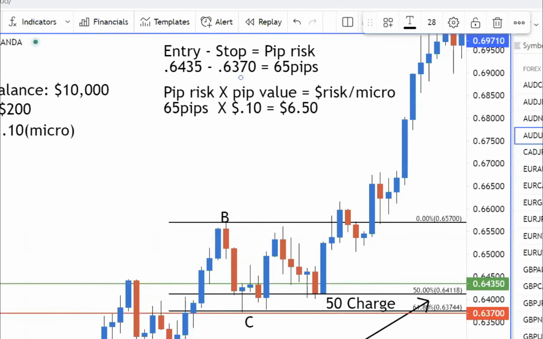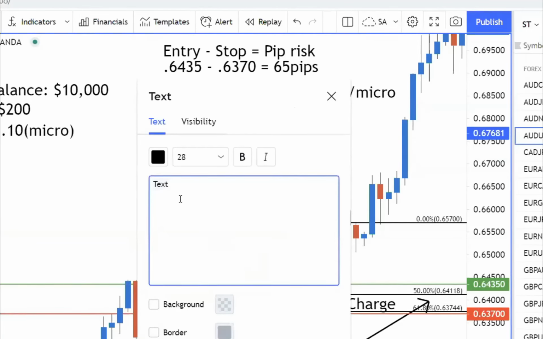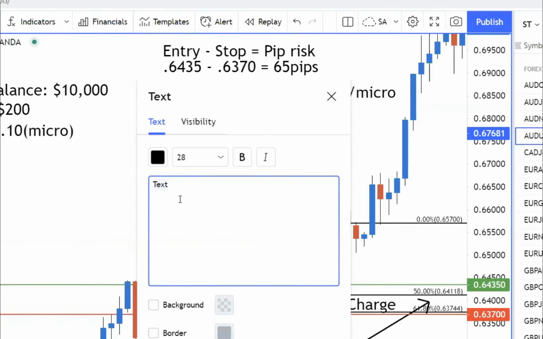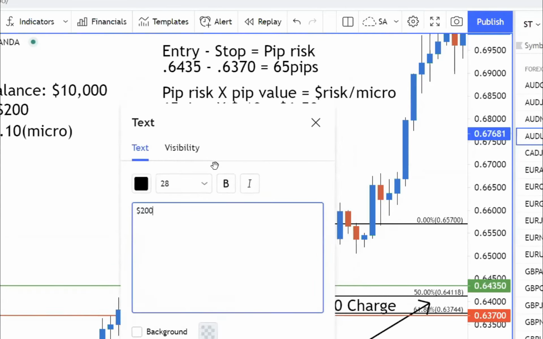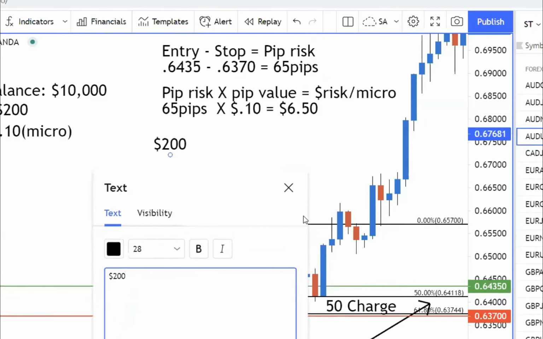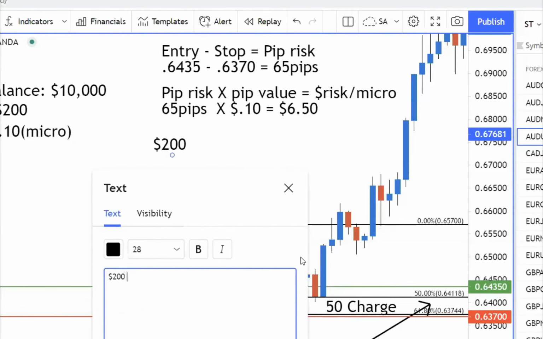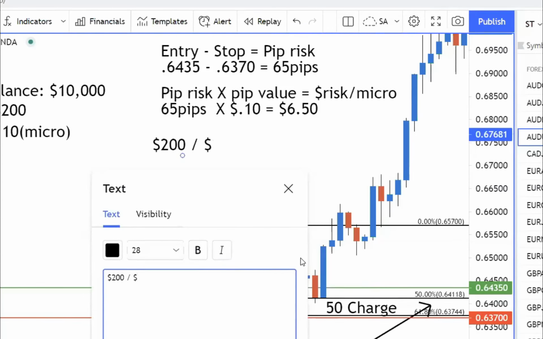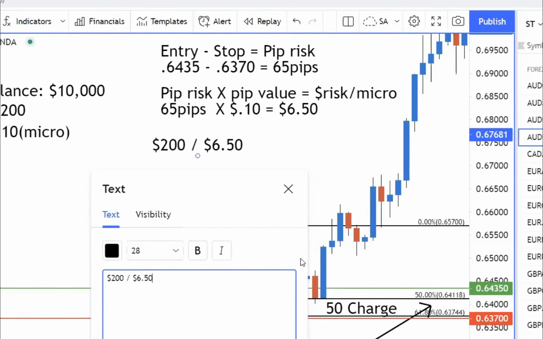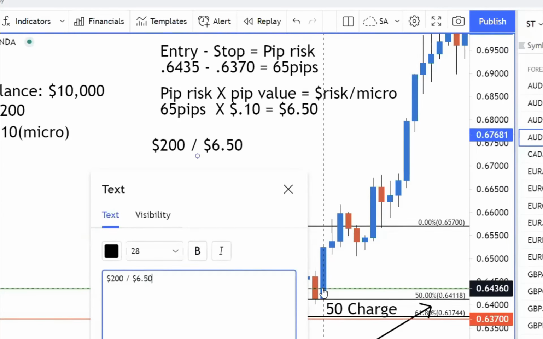So step number 3 then would be if I'm willing to lose $200, knowing that each micro has a risk of $6.50, we could then figure out how many micros I'm able to purchase.